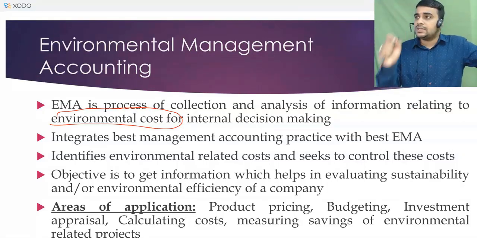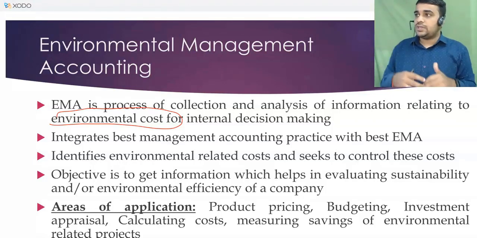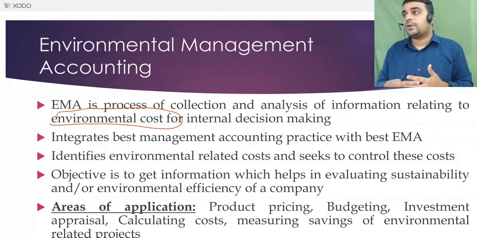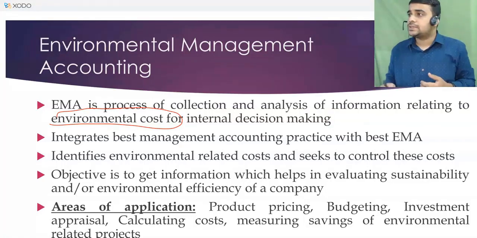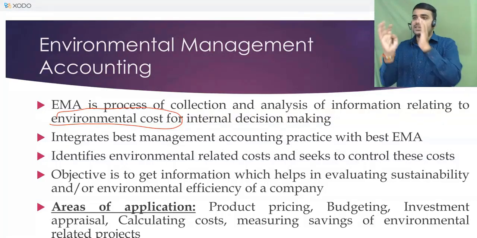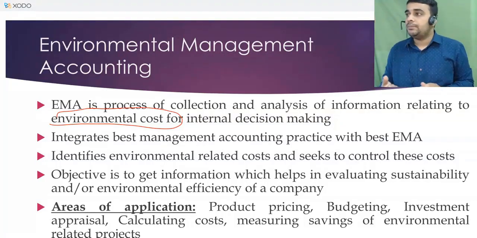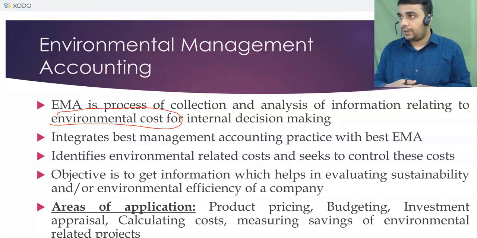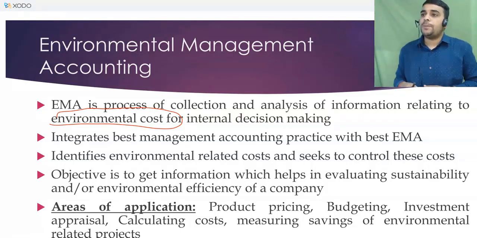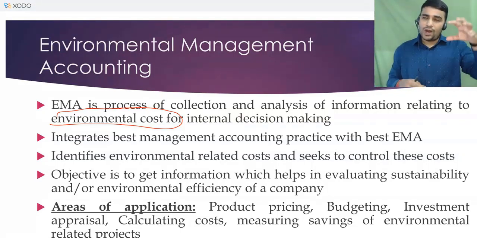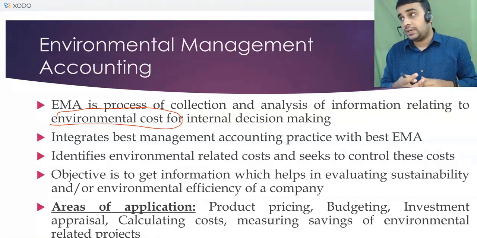If you don't consider environmental cost in the decision making process, internal cost will obviously be considered, but somewhere you will have to consider the impact of the external cost also before you decide. Given a choice, there is a segment of customers who are ready to pay a small premium for an environment friendly product, or if two products are of similar value, they will prefer the more environment friendly one. So the focus of EMA is first finding out what is the environmental cost.